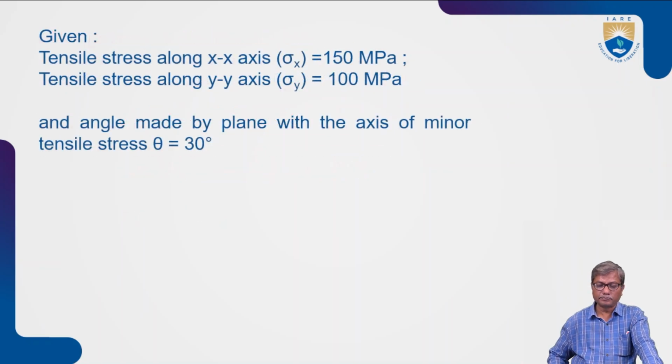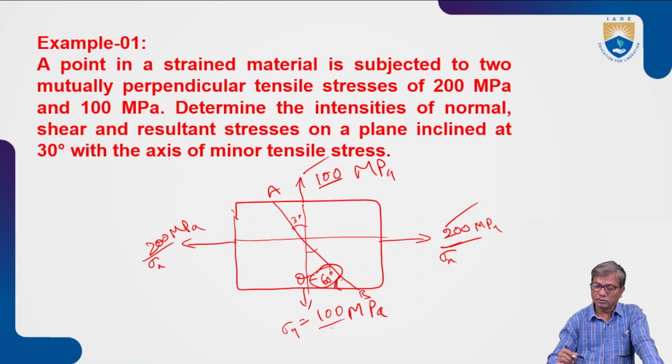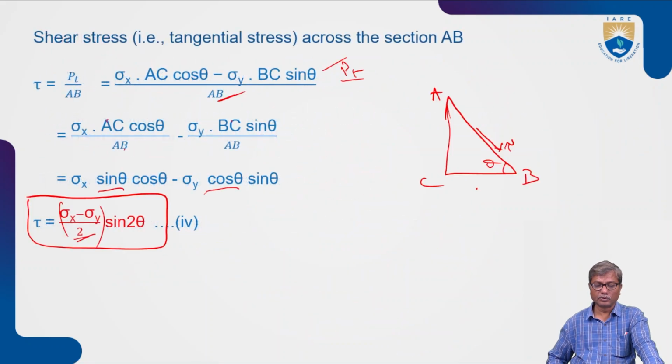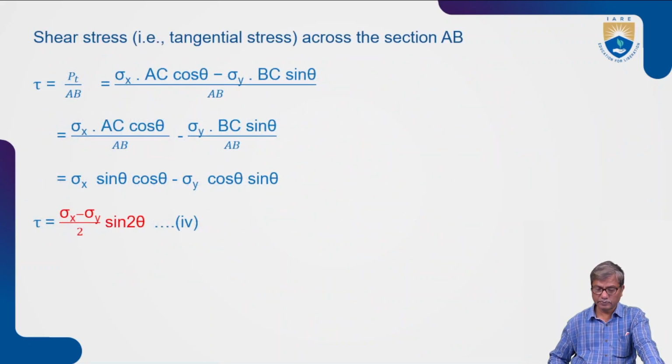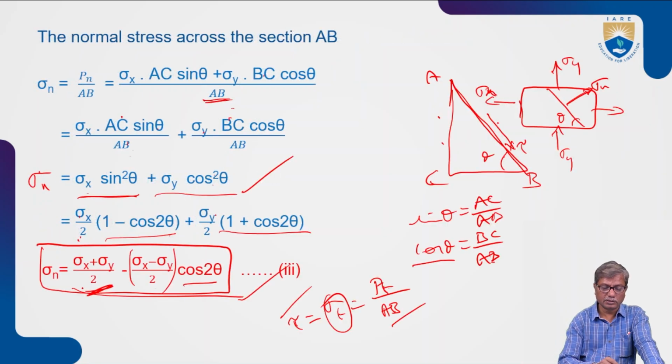So here sigma n is now, what is sigma n? Formula for normal stress: sigma x plus sigma y by 2 minus sigma x minus sigma y by 2 into cos 2 theta. Okay.